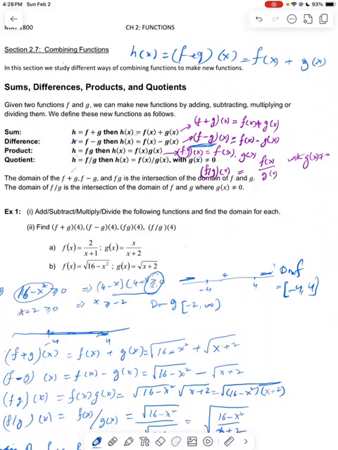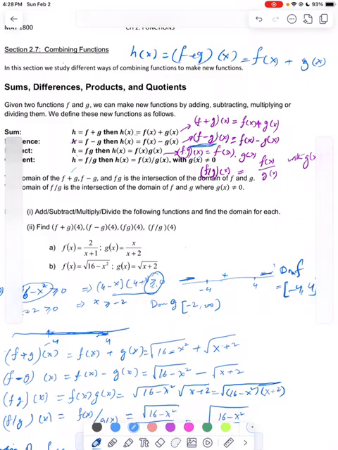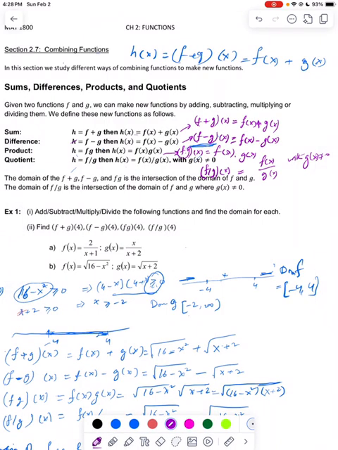And -2 will be somewhere to the right of -4, so it will be, let's say, somewhere here, negative. So the g function has the domain starting at -2 and going all the way to infinity.